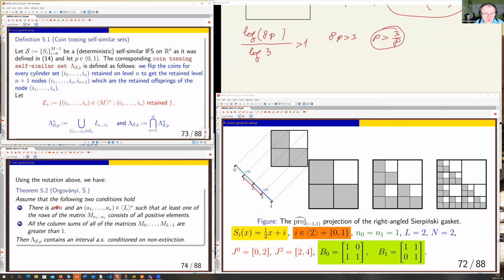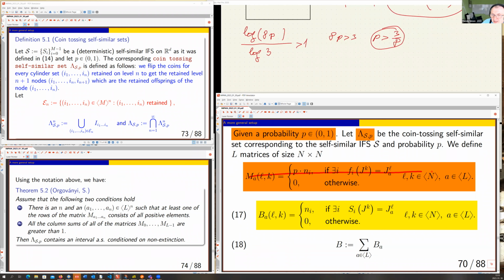So we have a couple of results, which I do not have much time to read out precisely, but with Vilma Orgoványi, we proved that under some conditions, which are checkable and related to this matrix B, where M is just P times B, you get that you have an interval almost surely conditioned on non-extinction.